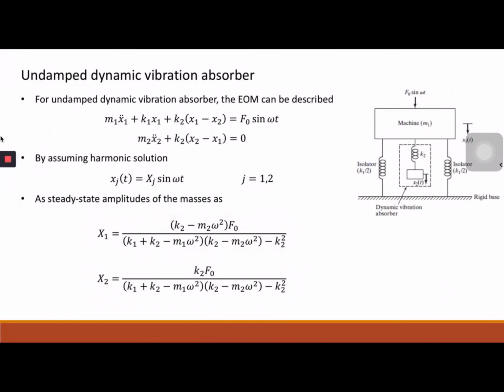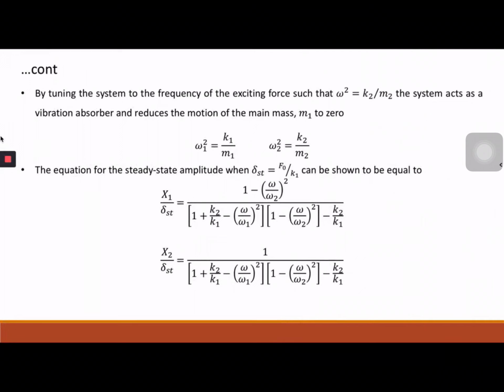By tuning the system to the frequency of the exciting force such that omega squared equals k2 over m2, the system acts as a vibration absorber and reduces the motion of the main mass m1 to 0.